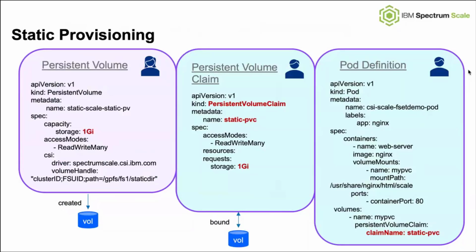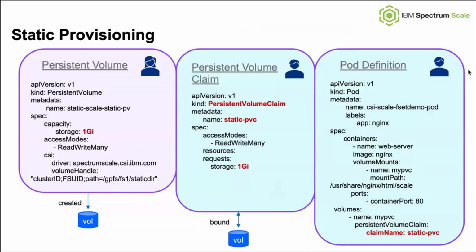The volume handle actually specifies which path on your GPFS file system you want to provision as a volume for your container. Now, we also provide a utility script to generate this file for the administrator based on details such as cluster ID, file system, etc.